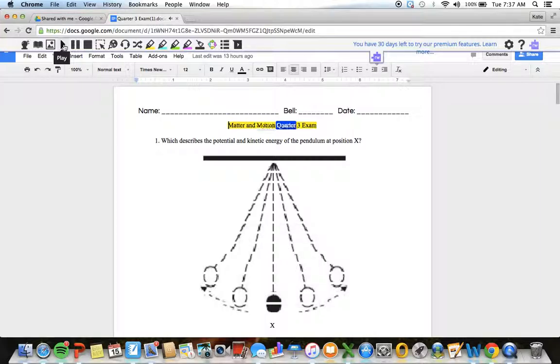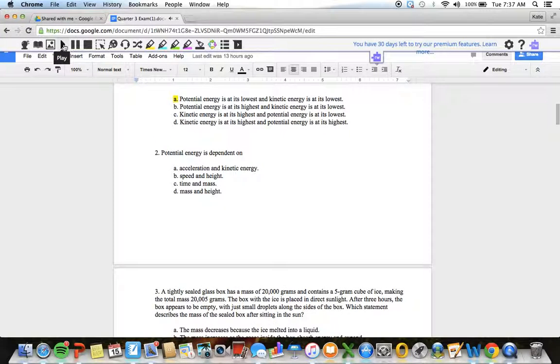Matter and Motion Quarter 3 Exam. 1. Which describes the potential and kinetic energy of the pendulum at position X? A. Potential energy is at its lowest and kinetic energy is at its lowest.